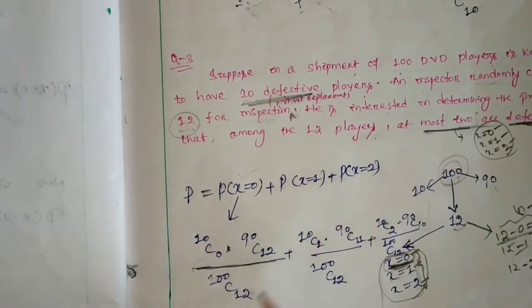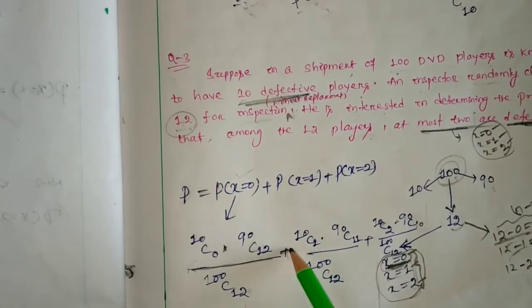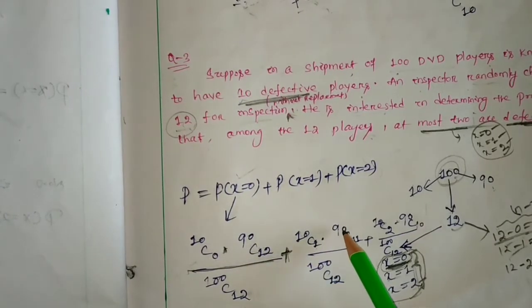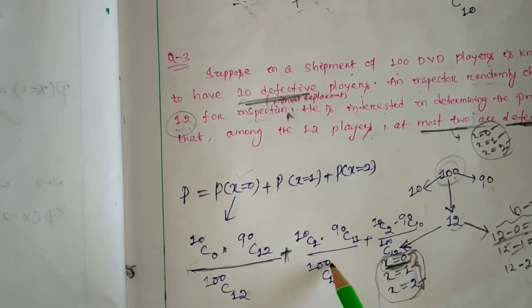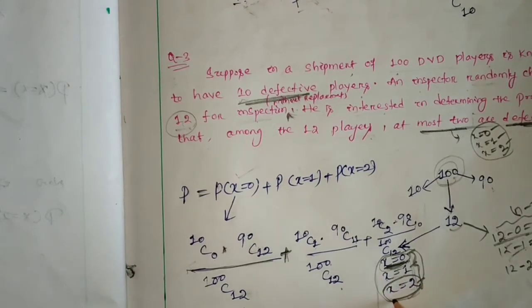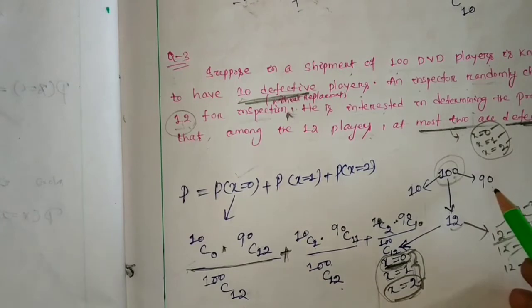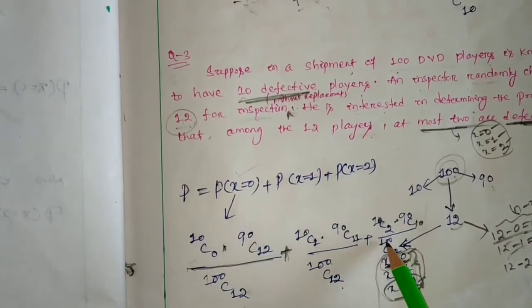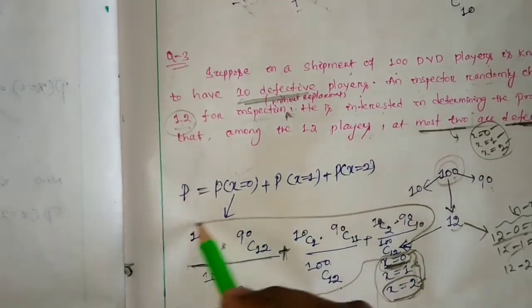Again plus, as 3 are possible, 10c1 into 90c11, 12 minus 1 is 11, divided by 100c12. Likewise, for x equal to 2, this will be 10c2 into 90c10 divided by 100c12. You just calculate, add these 3 and find out the final answer.